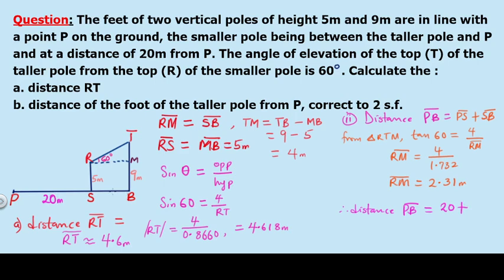So 20 plus 2.31 gives us 22.31 meters. The distance of the foot of the taller pole from P, PB, can be approximated as 22 meters, or 22.0 meters to two significant figures.